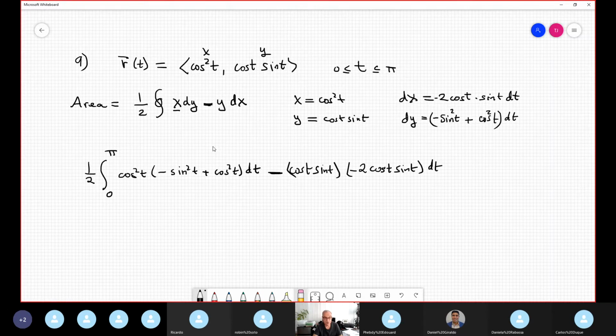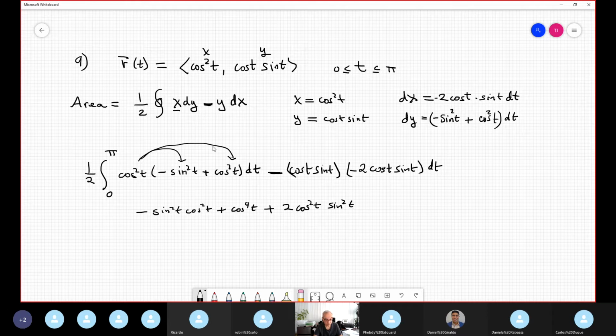Well, so this is a long algebra, but okay, let's do it. This is when you apply the distributive property here. We have minus sine square t cosine square t plus cosine to the 4th power t. And when you multiply this and this, we have positive 2 cosine square t sine square t dt.